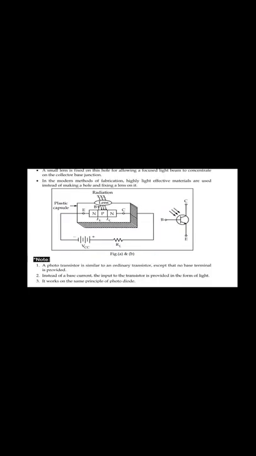So a very small reverse saturation collector current flows, but the current is negligible. This current is called dark current.